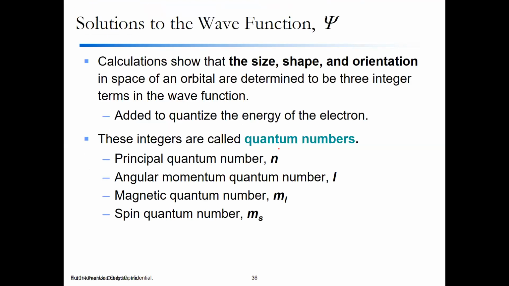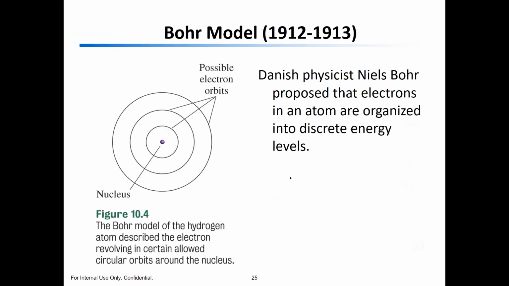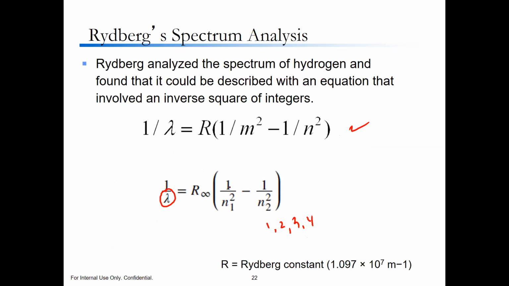How do we know that? When we do the mathematics, n equals 1, 2, or 3. Just like the Rydberg equation. Remember the Rydberg equation? It's right here. Now we're figuring out what this n means.